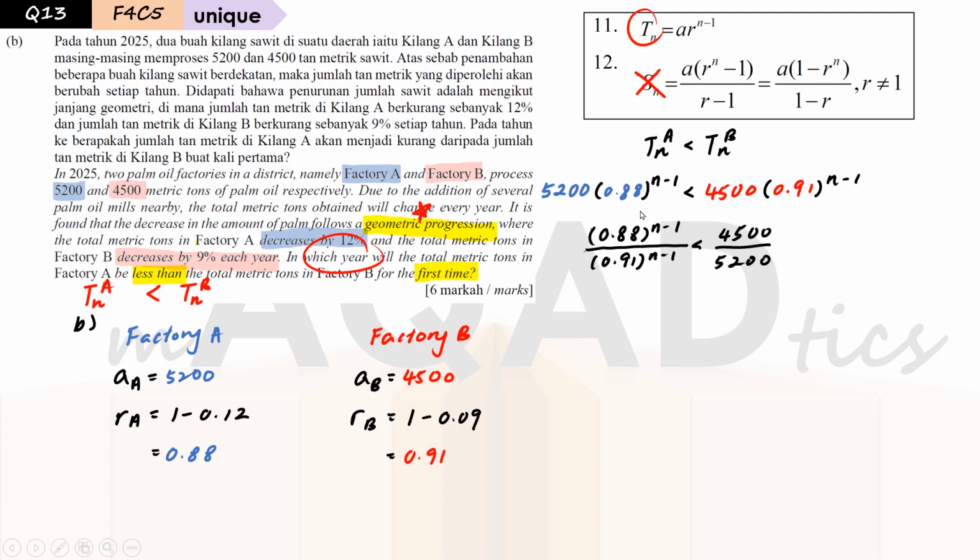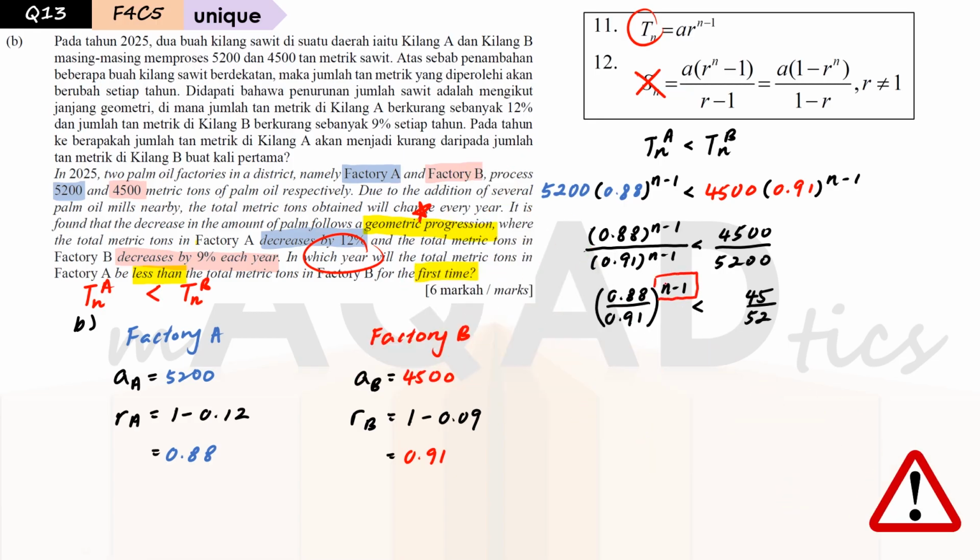You can see that the power here, both of them have the same value, so actually we can combine these two to become something like this. And for the right side, I'm going to cross off the zeros, so it will be 45 over 52 here to simplify things. Now we need to find the value of n, but the n is in the power part.